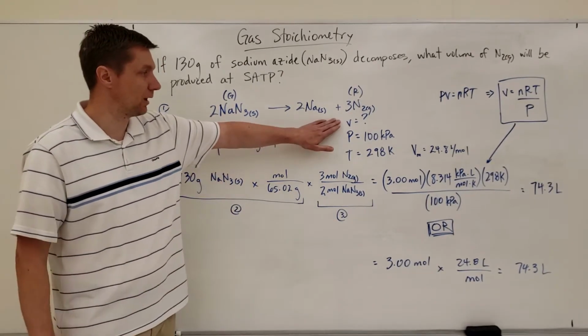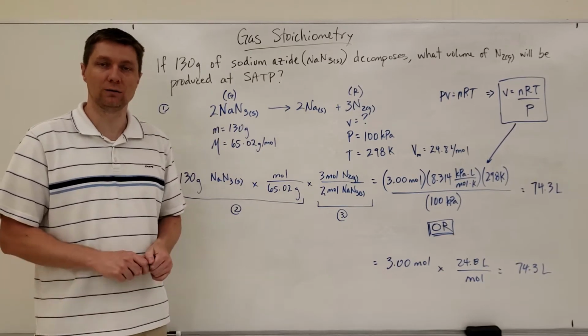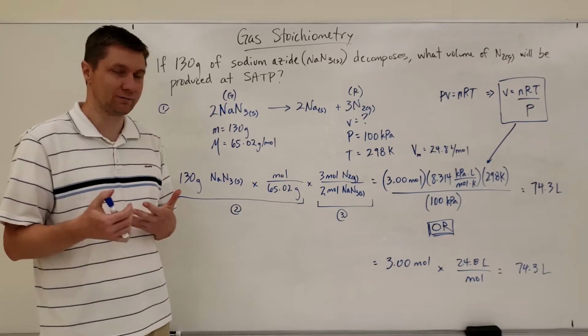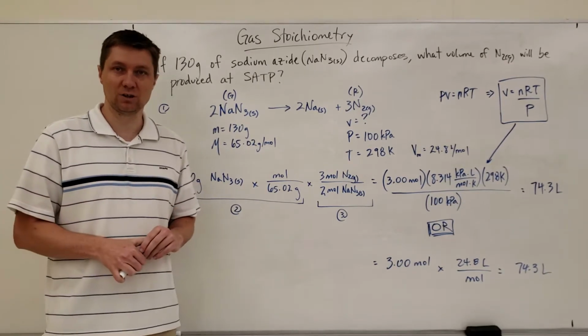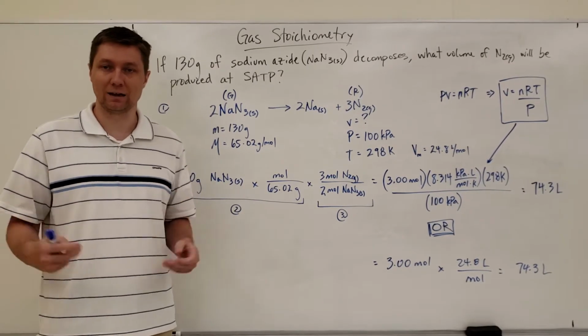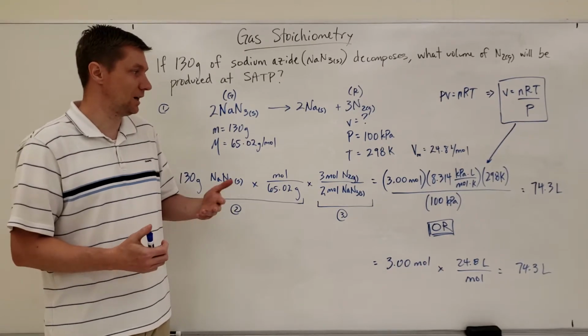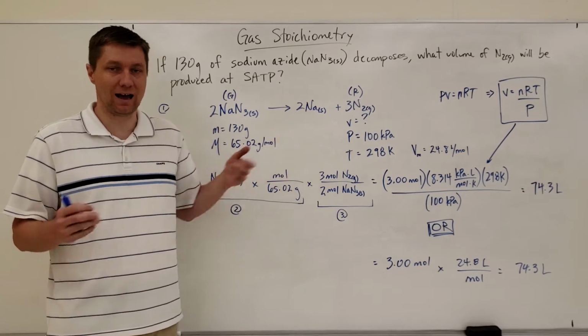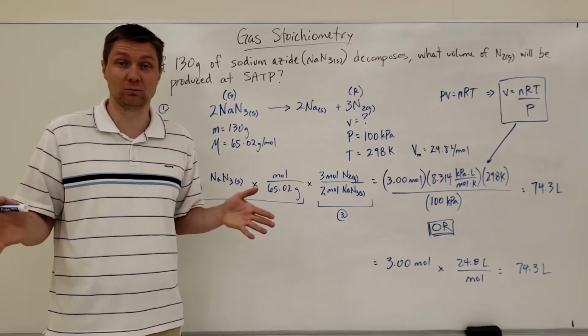And so in this step here, I am going to calculate what the volume of nitrogen gas is, but I have to use the information now that I have made up to this point to do that calculation. And because I'm not being asked to calculate a mass here, I don't need the molar mass. I'm not going to use the molar mass.